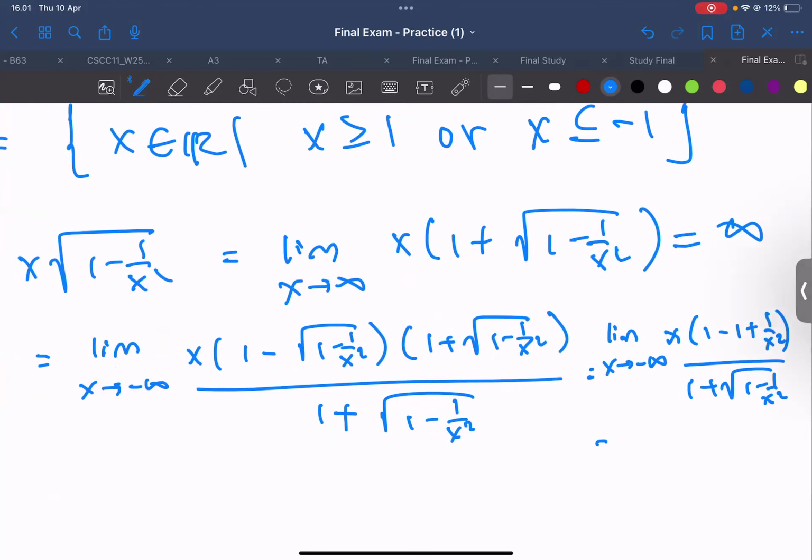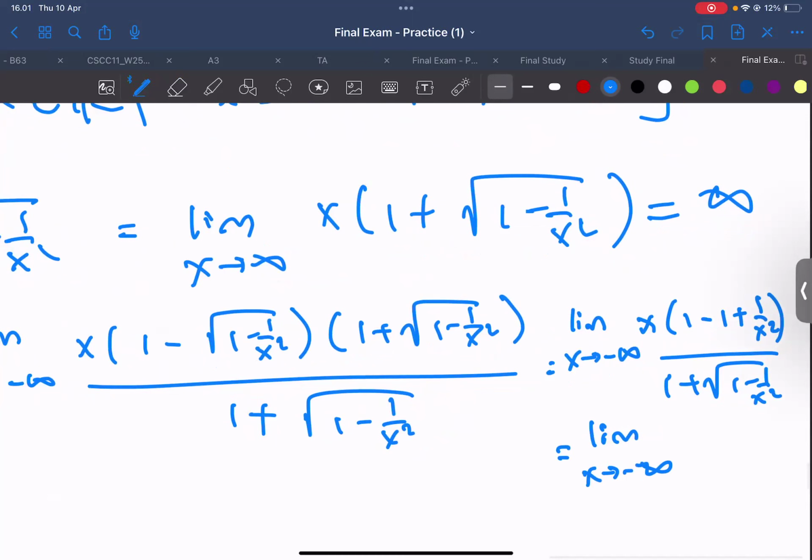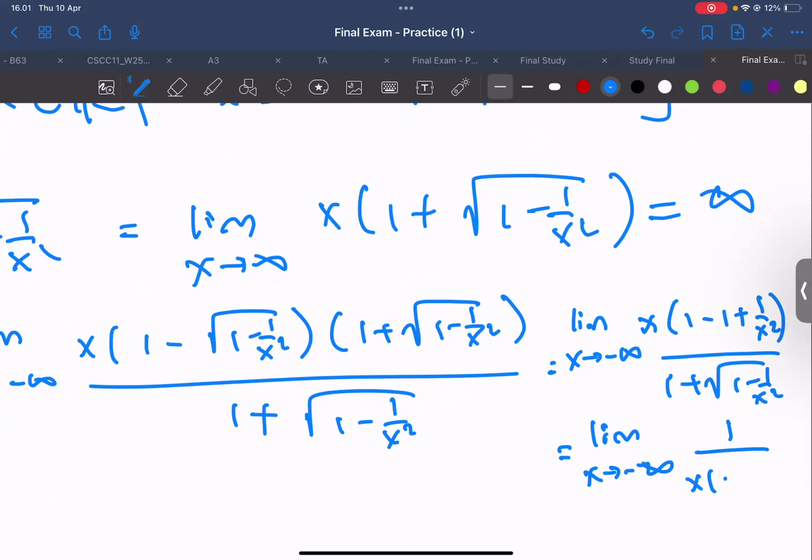And this will just lead to the limit of x approaching negative infinity of 1 over x times 1 plus the square root of 1 minus 1 over x squared. Because the 1 minus 1 becomes 0, and it'll be x times 1 over x squared, which is 1 over x. So I just bring the x down to the denominator.